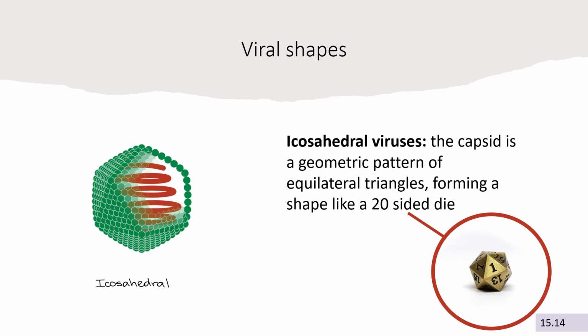Like bacteria, viruses come in several different shapes. Make sure you don't mix up these viral shapes with the bacterial shapes. Some viruses have an icosahedral shape. If you've ever seen a 20-sided die, that is an icosahedral shape. It's made up of a pattern of equilateral triangles.